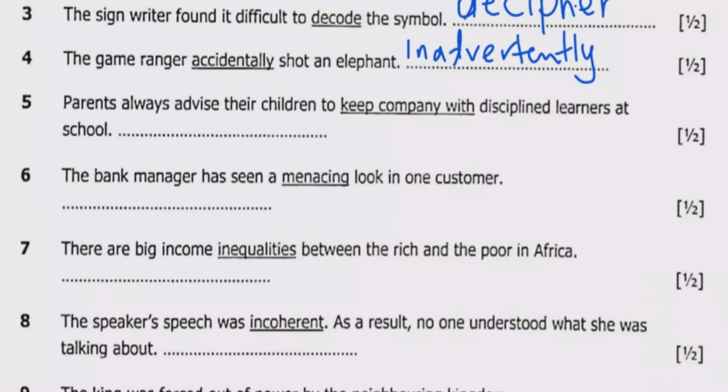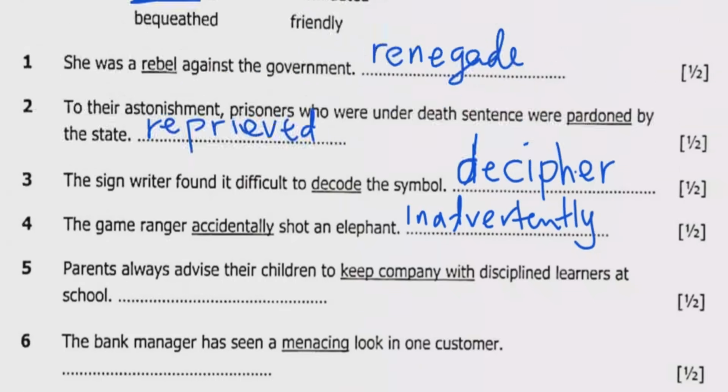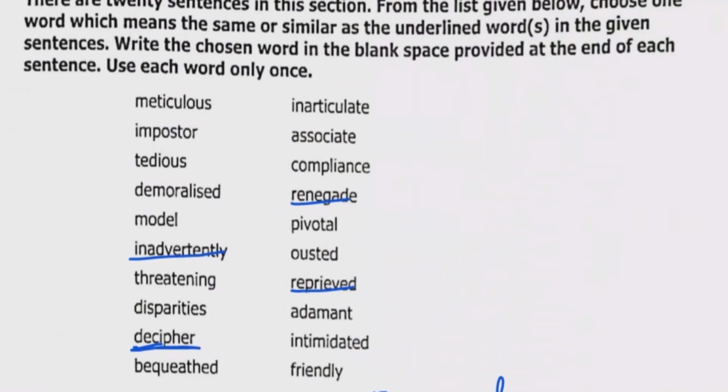Parents always advise their children to keep company with disciplined learners at school. So what is keep company with? Let's check the word that means to keep company. That is the word associate.